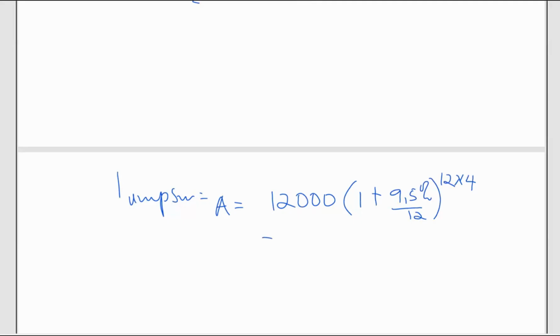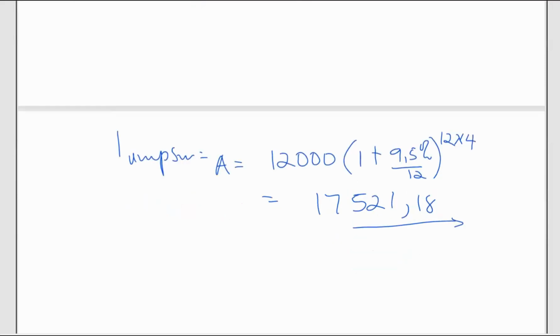So this money grows for the full 4 years. When I punch that in the calculator, I'm getting 17,521.18. Please just confirm with me if that's what you have. Let me just double check here. The exponent will be 48. 17,521.18. Yeah. Okay, that is one.